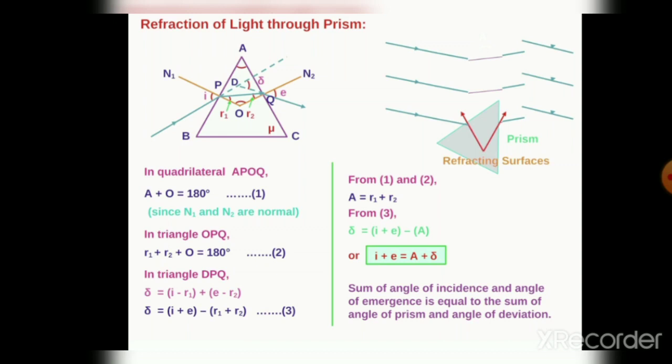To know the extent by which the incident ray is deviated, let us obtain the relation between the angle of prism A, the angle of incidence I, the angle of emergence E, and the angle of deviation delta.